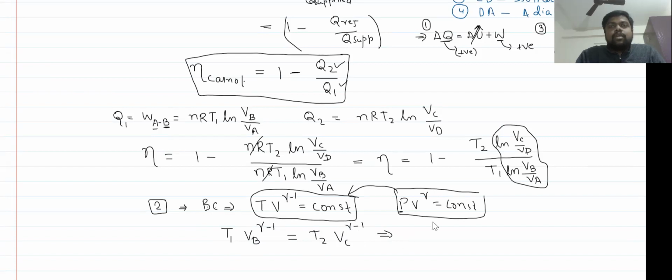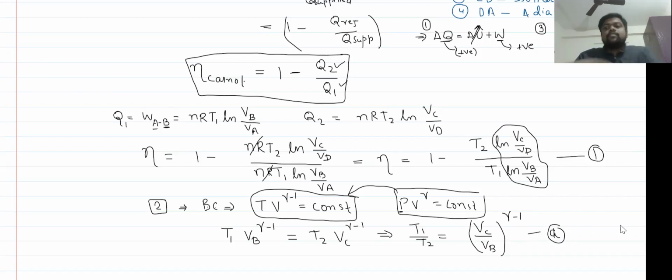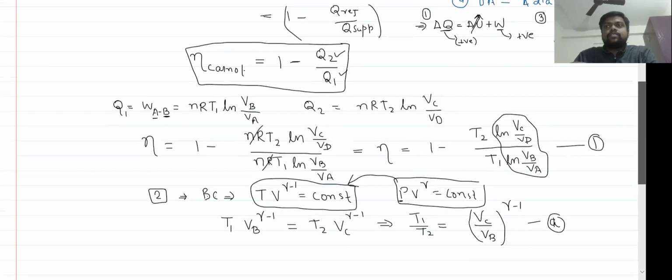So from here we have got T1 by T2 is equal to Vc by Vb to the power of gamma minus 1. Let us call this equation A. We'll be needing those equations later.